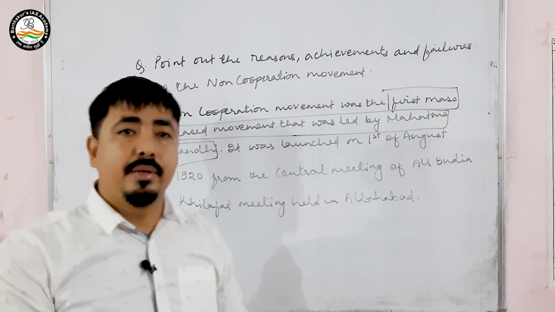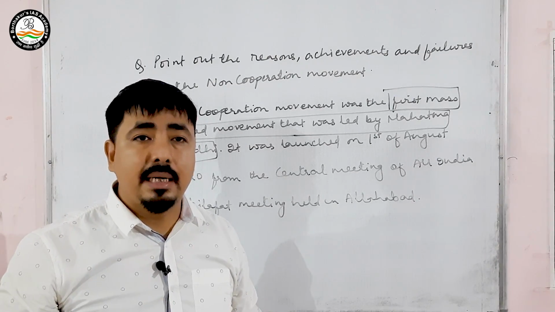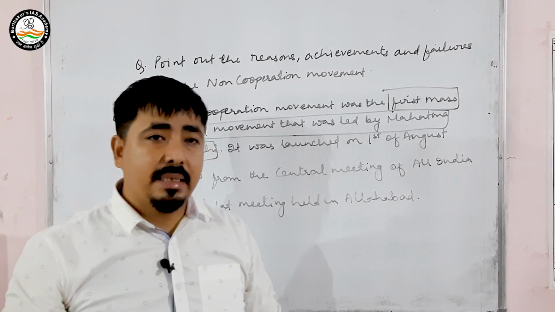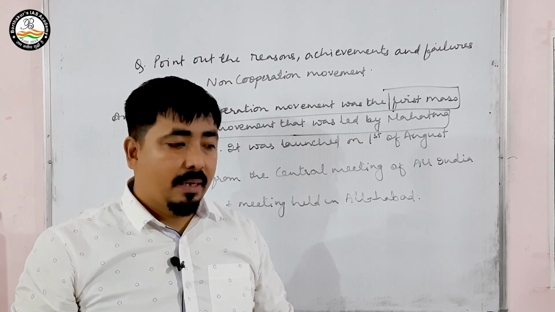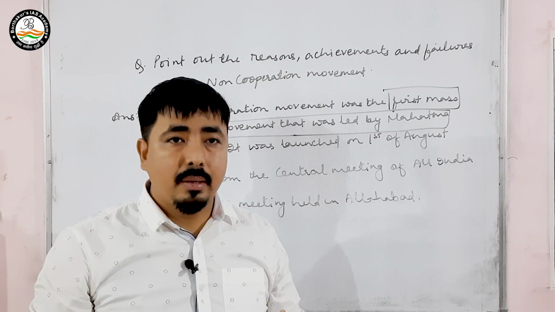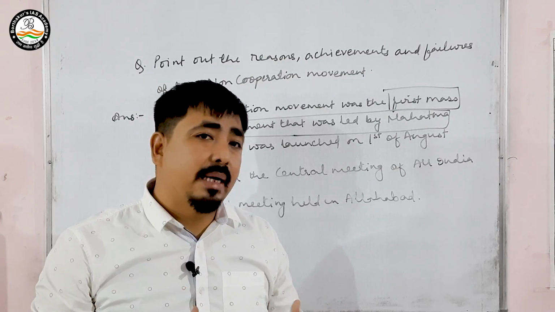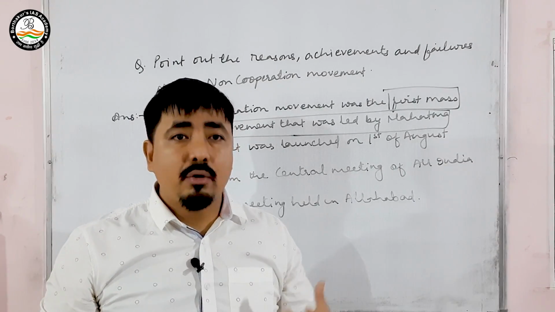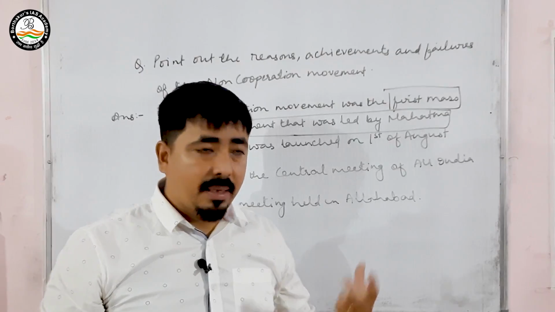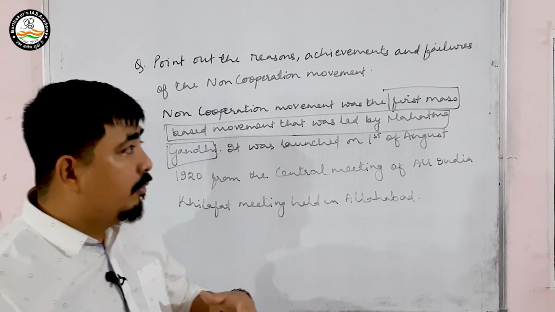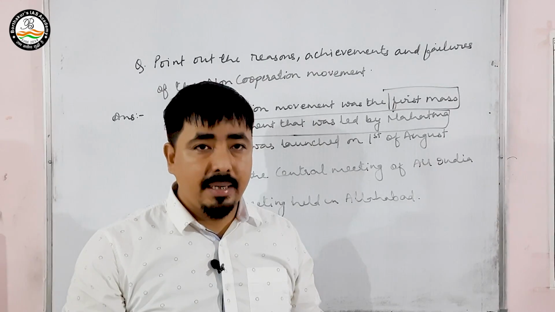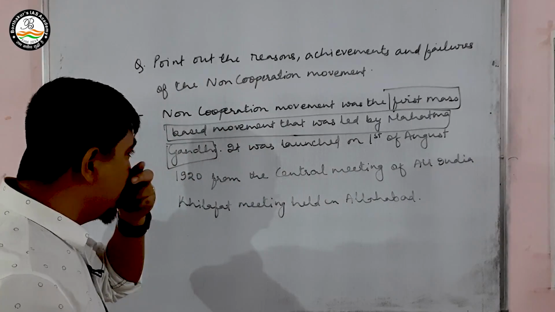Earlier movements that Mahatma Gandhi led did not connect to a large number of people. His first pan-India movement was the anti-Rowlatt agitation, but this was the first movement in which a large number of people participated. So, the first mass-based movement of Mahatma Gandhi.